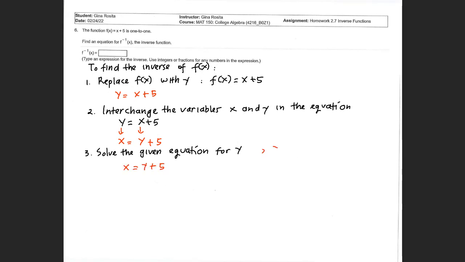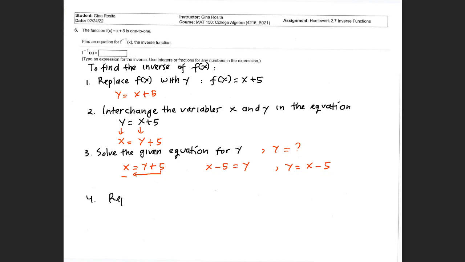So we need y equals. Just move 5 to the left, it becomes minus. So the answer becomes x minus 5 equals y. We can write y equals x minus 5. This is the same.